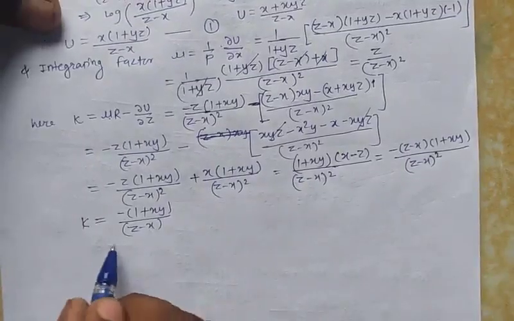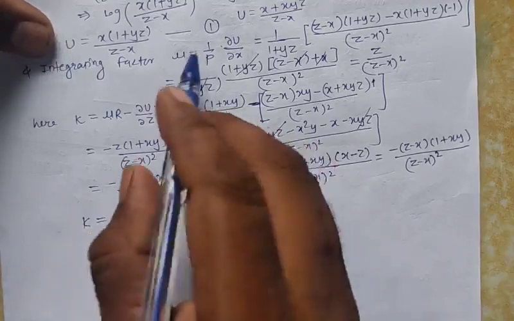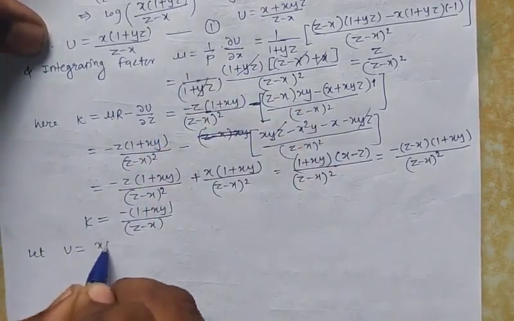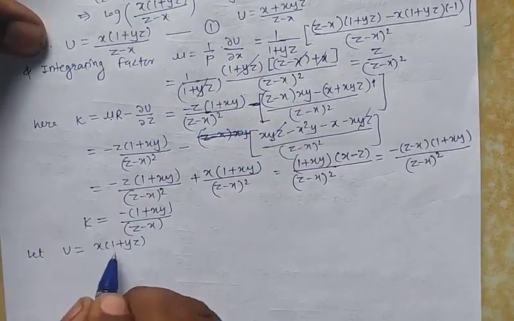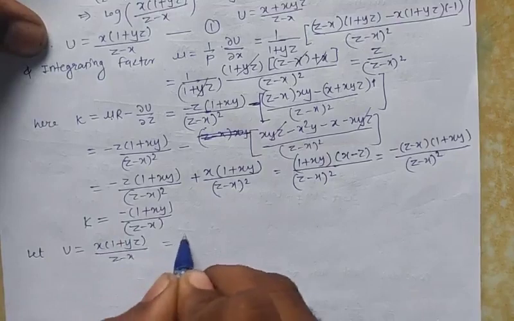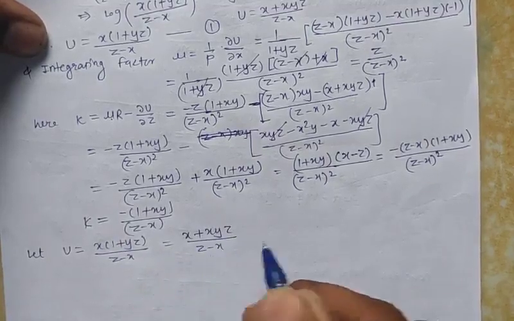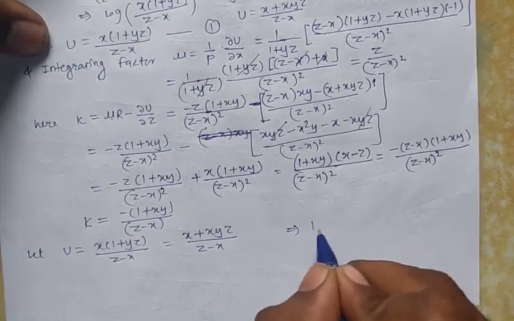Now we find out u. So what is u? u is equal to x into (1 plus yz) upon (z minus x), that is x plus xyz upon (z minus x). Therefore we can write, so what is 1 plus u?